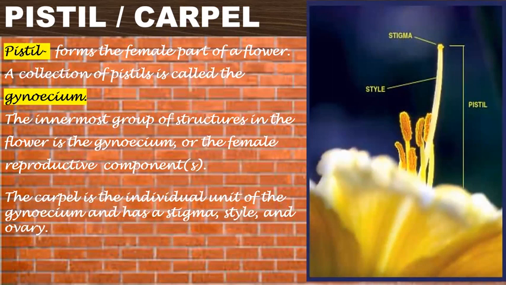The carpel or pistil is the individual unit of the gynoecium and has a stigma, style, and ovary. A flower may have one or multiple pistil or carpel.